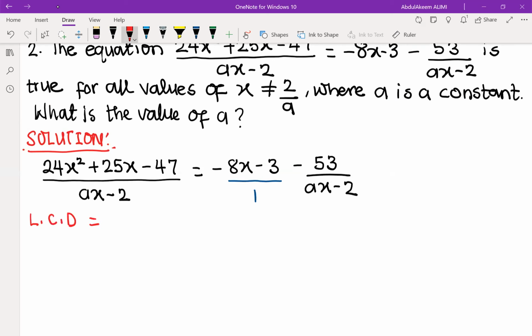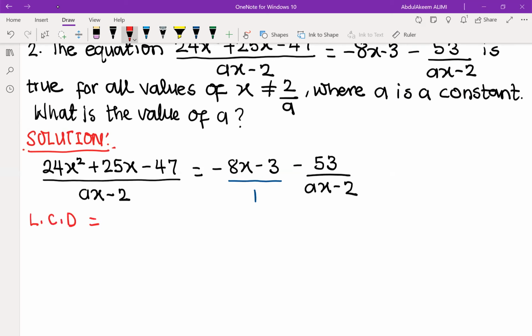I have ax minus 2 times 24x squared plus 25x minus 47 divided by ax minus 2 equals ax minus 2 times minus 8x minus 3, and we have an invisible plus here.